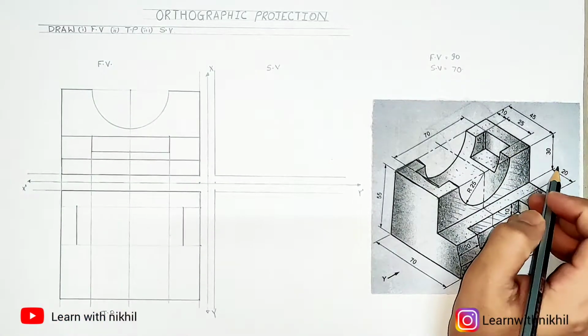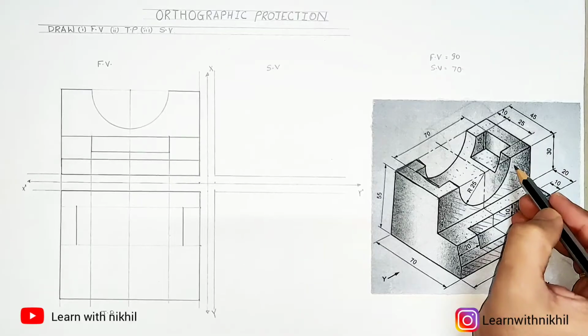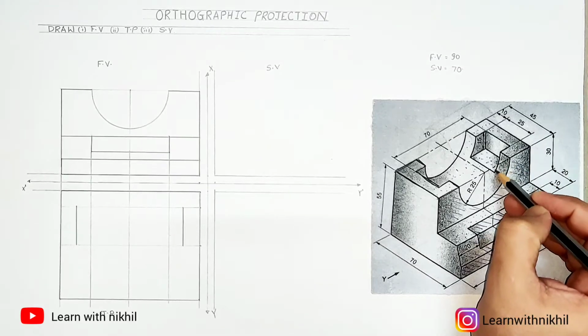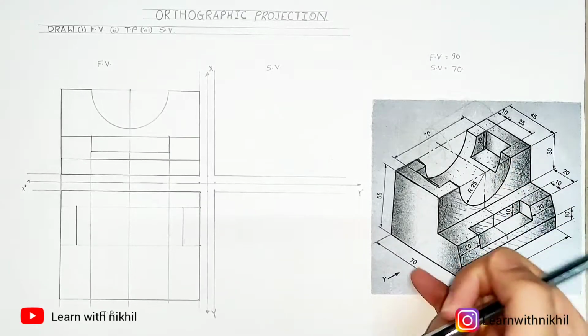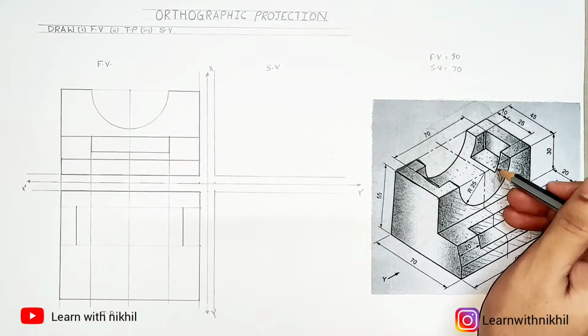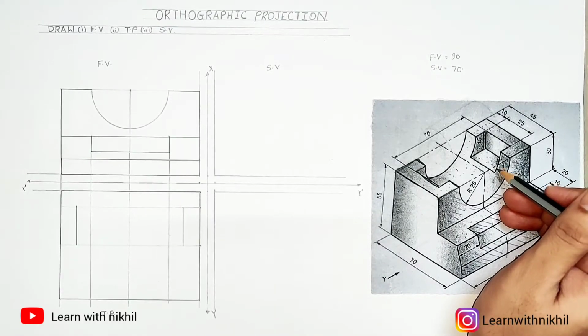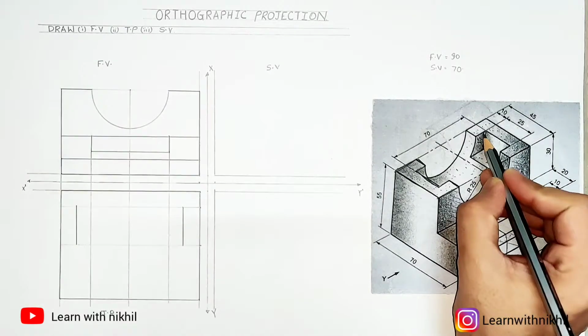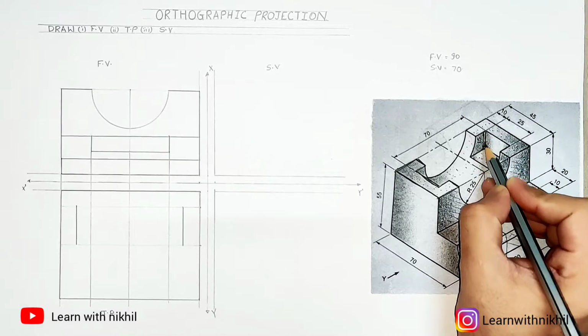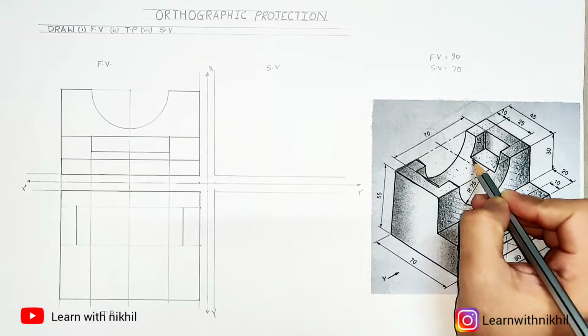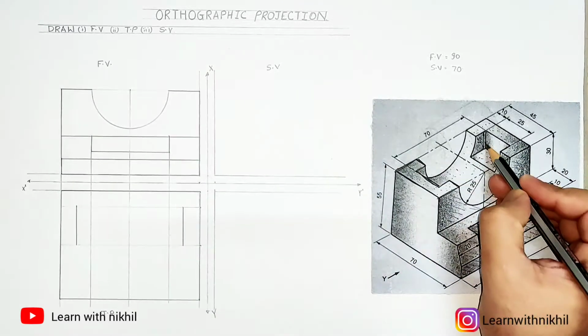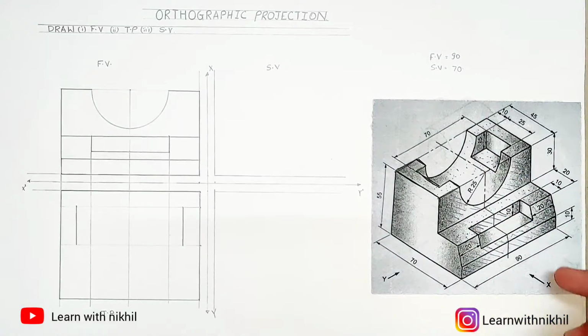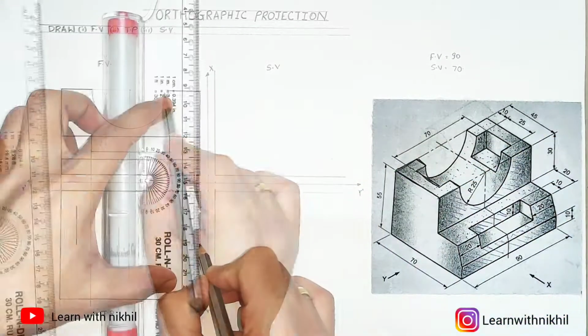Now after drawing this rectangular box, this curved part, till where it is extended, we don't know. It is not given. To find that out, we will take the projection from the front view. So this distance given is 15 millimeter. We will mark this on the front view, as this part is hidden.